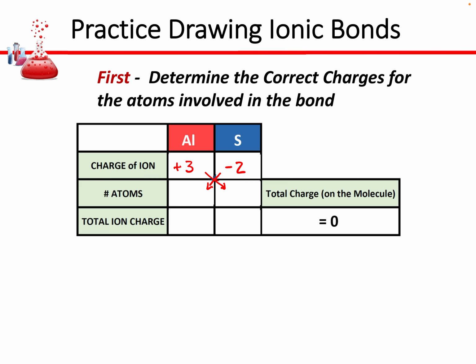If we do that same kind of cross, I would need 2 of my phosphates and 3 of my magnesium. 3 times 2 is 6, -3 times 2 is -6. That would end up equaling 0. So my formula for magnesium phosphate would be what?